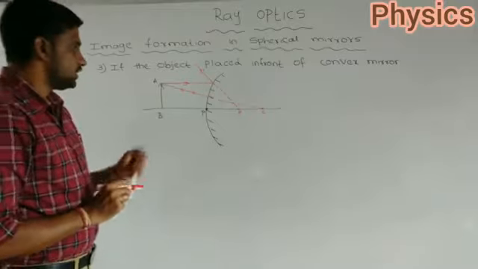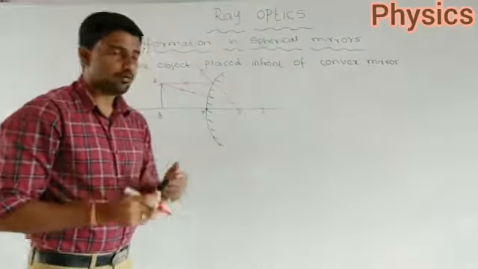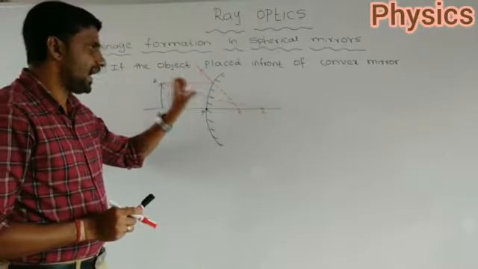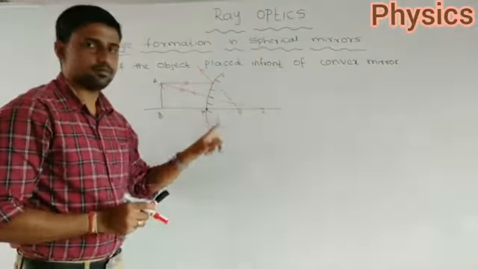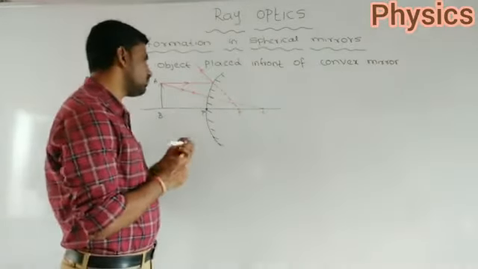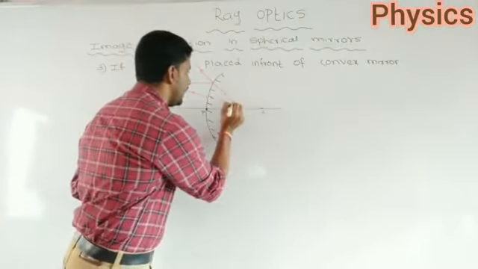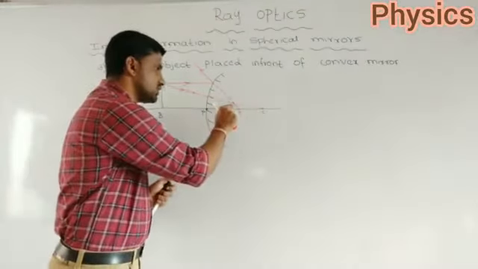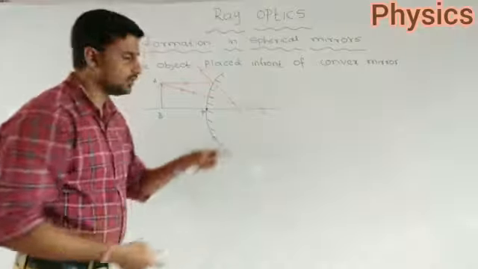Right. So here you are observing there are two rays of light incident on the convex mirror. After reflection, they are not meeting at some point, but they appear to diverge from a point. They will meet at some point inside the convex mirror.